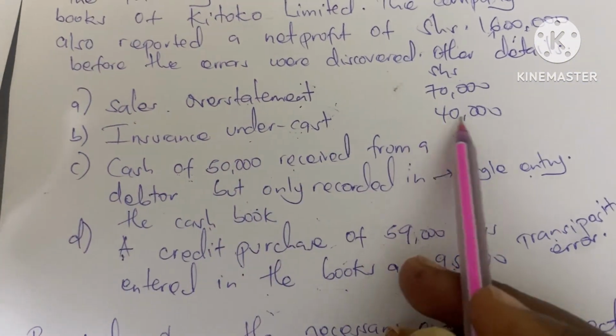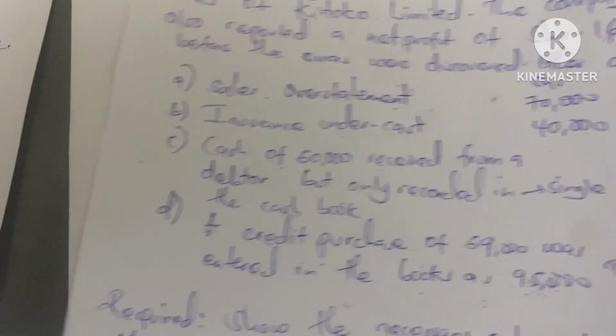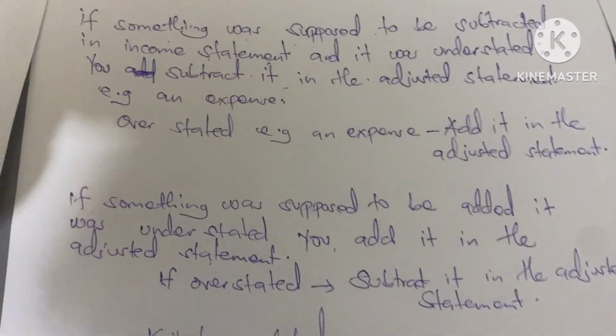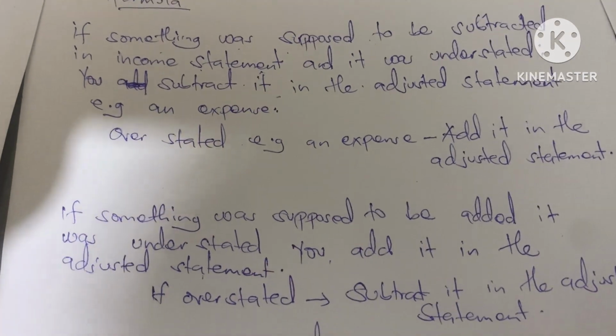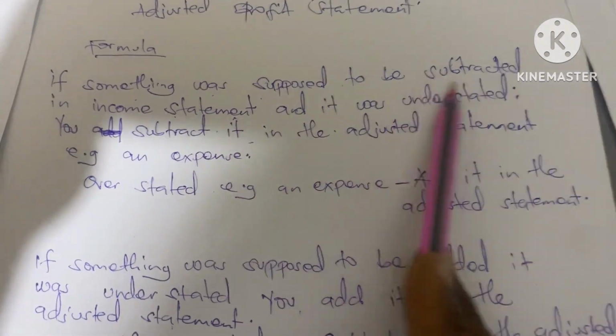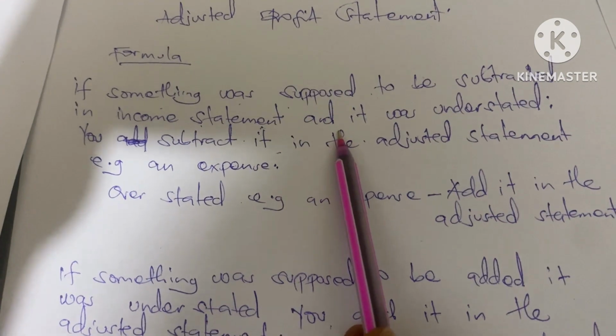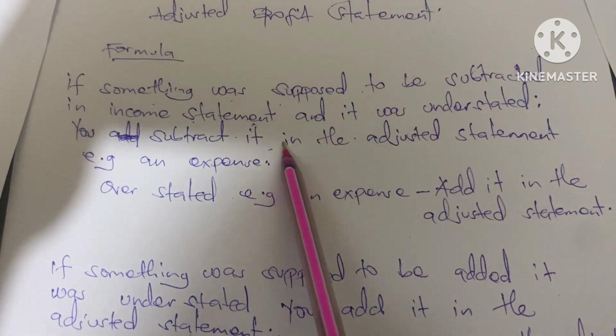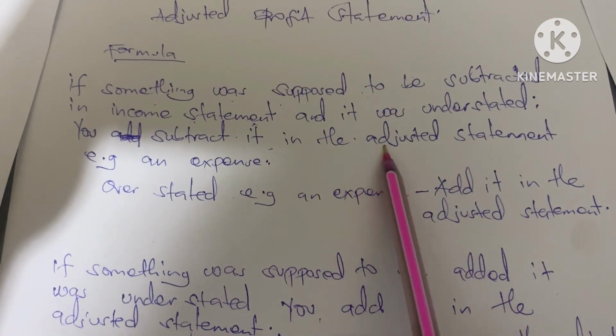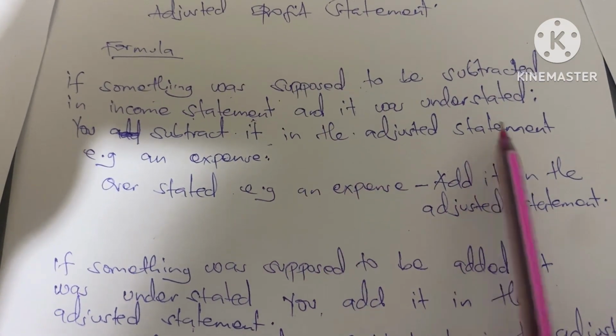Then we have insurance of 40,000. It was understated. Insurance is an expense and it is always subtracted. And we said if something is supposed to be subtracted in the income statement and it was understated, you subtract it in the adjusted statement.